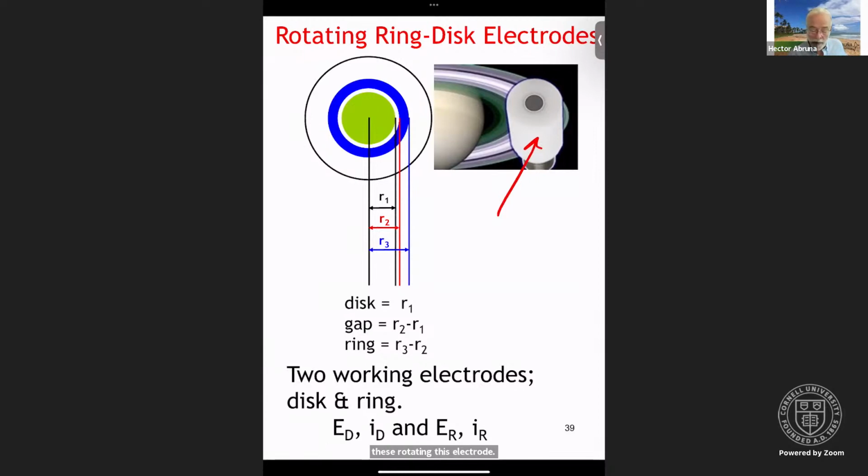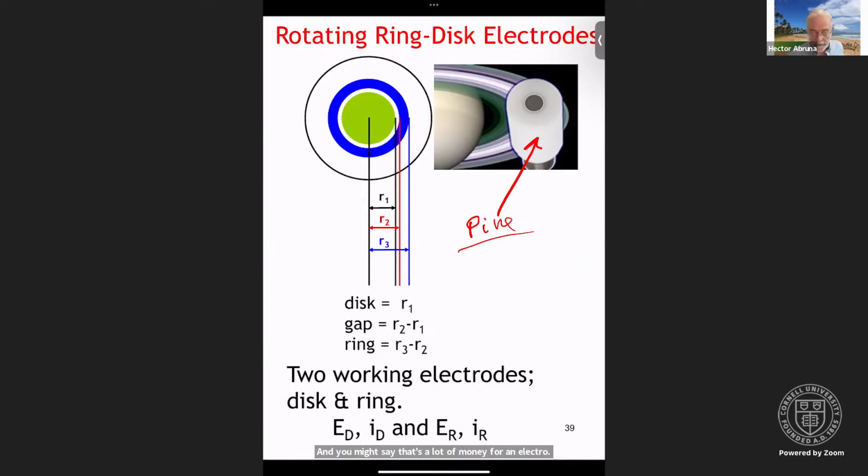If you're ever going to buy one, buy them from Pine, as I mentioned before. They are the best, period. If you get a platinum disc and platinum ring electrode, that'll probably set you back about $2,500. And you might say, that's a lot of money for an electrode. Trust me, it's worth it.